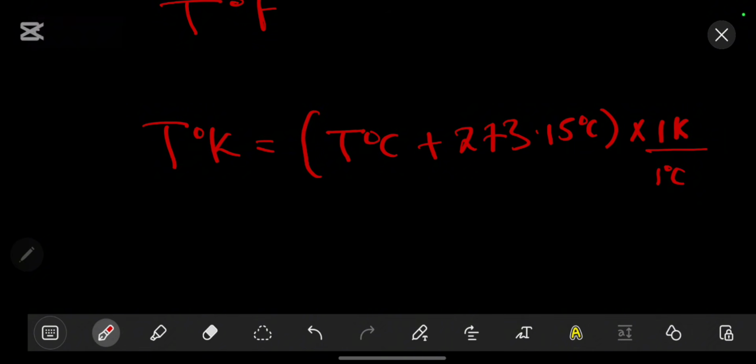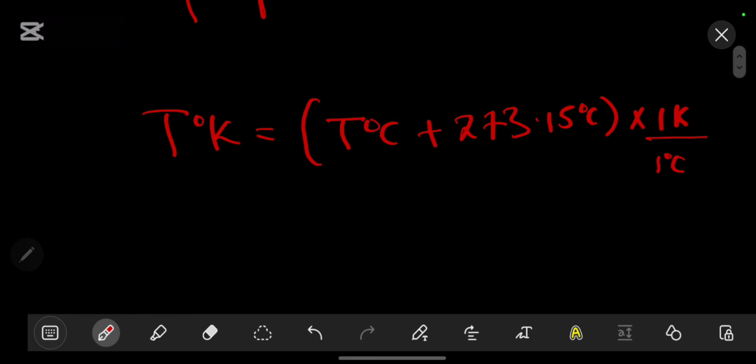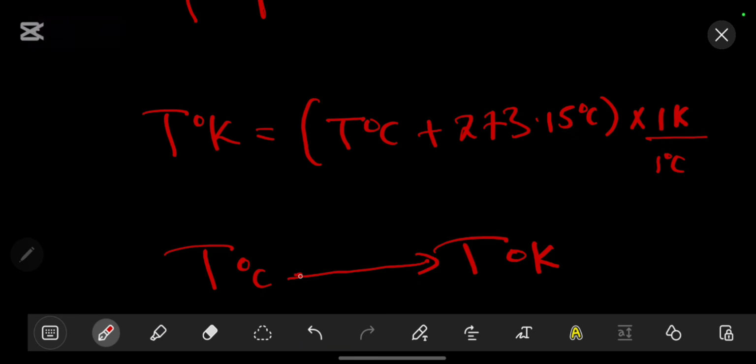The way I like to remember this is simply that you are adding 273 to the degrees Celsius. You can think of the alphabet: C comes before K, so if you want to go from degrees Celsius to Kelvin, you are moving to the right of the alphabet, from C to K. That means you add 273.